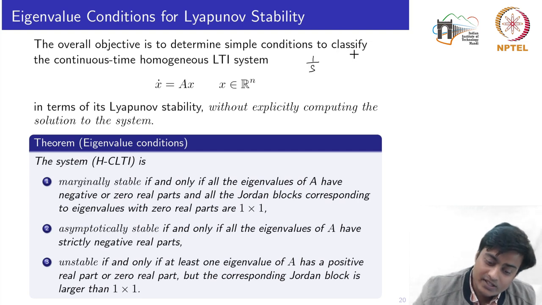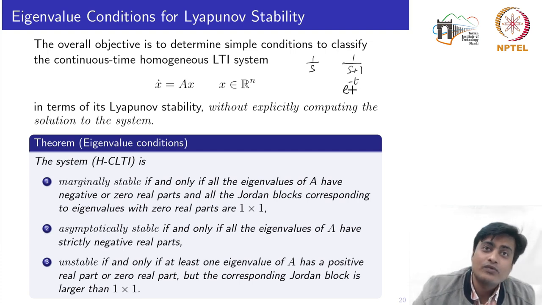Now let's say I have a transfer function 1 upon s plus 1. I know that the response is exponential, in the time domain it would be e to the power minus t. So as t tends to infinity, the response would die out. Such systems are asymptotically stable. Now consider 1 upon s square. Irrespective of any initial conditions or any input, this system will always be unstable.